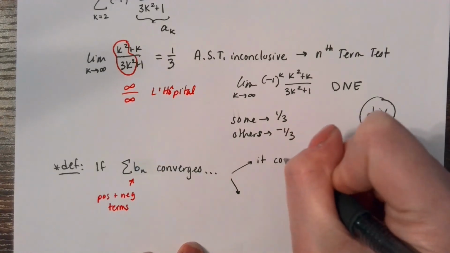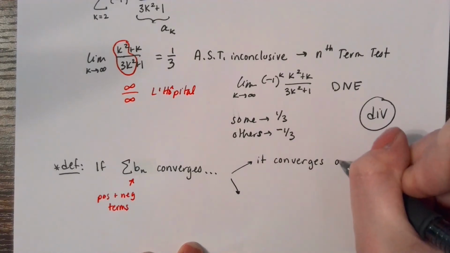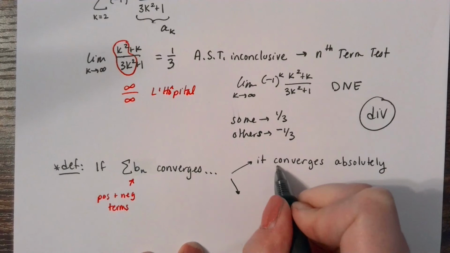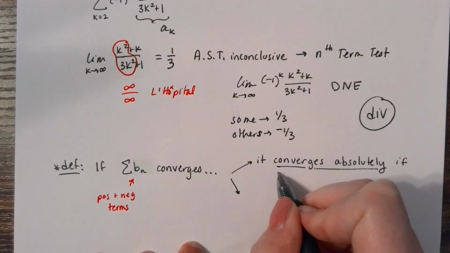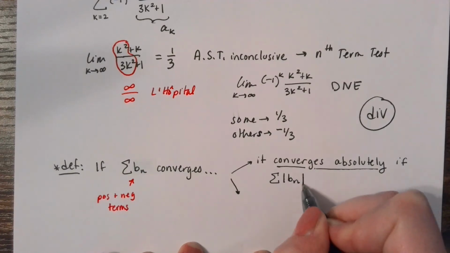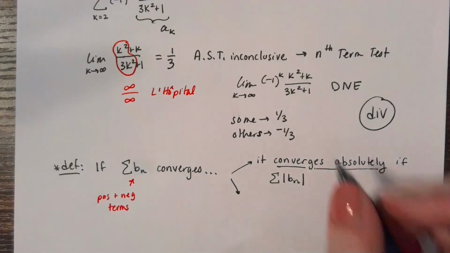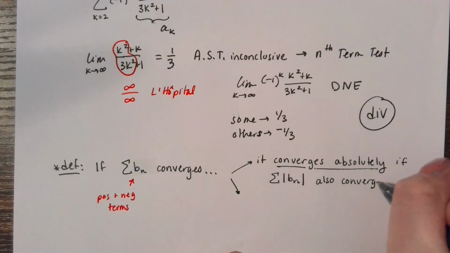Okay, so we'll say one possibility is that it converges absolutely. That's our vocab word, converges absolutely, if the series of the absolute value of those terms, so you essentially ignore the plus minus business, also converges.